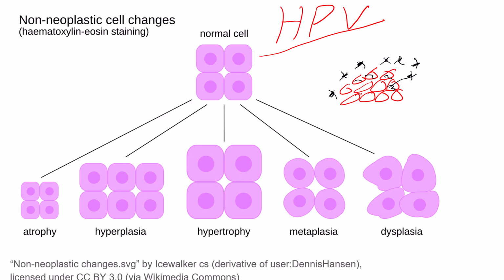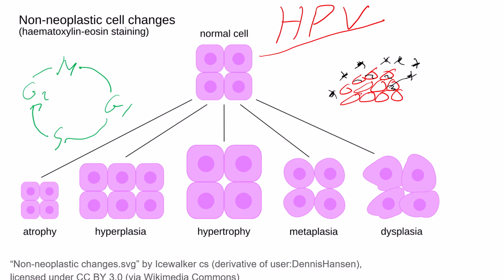And then they change the DNA in those cells. And they change the cell cycle. Remember we talked about the cell cycle, how the cells will grow and then make a copy of the DNA, and they will grow more, and then they will divide to make new cells.